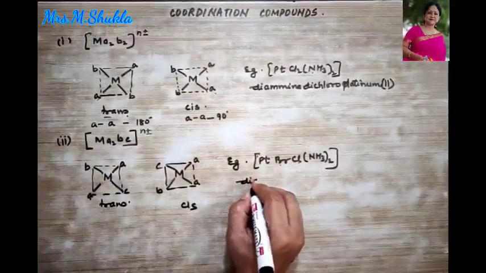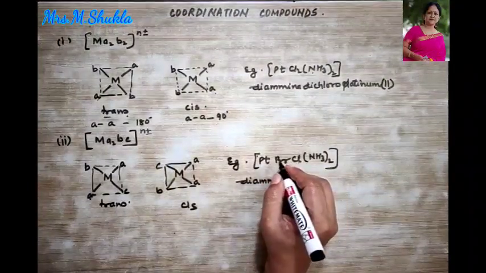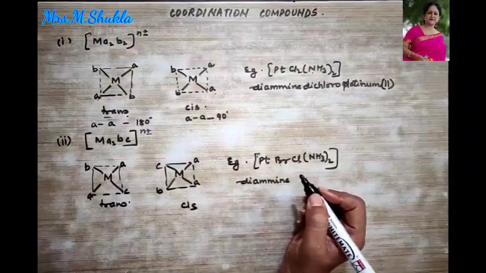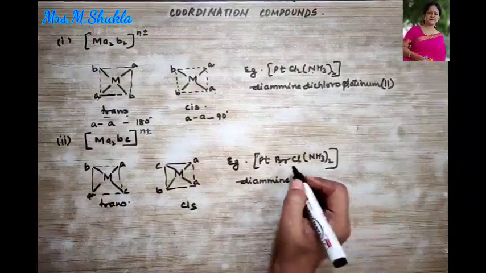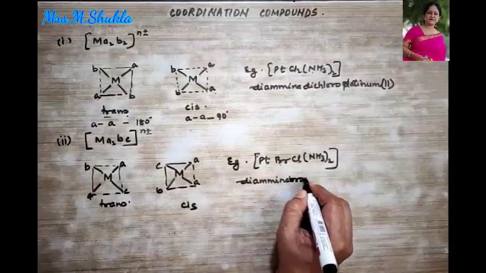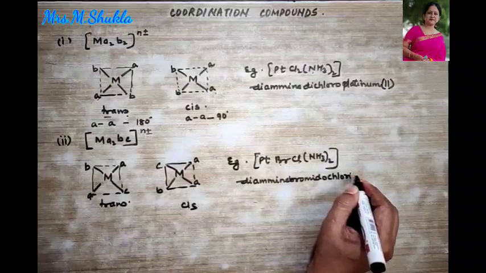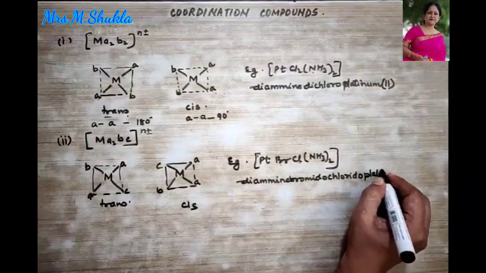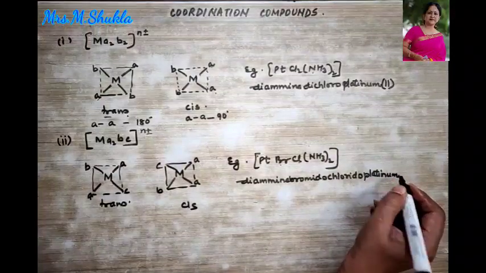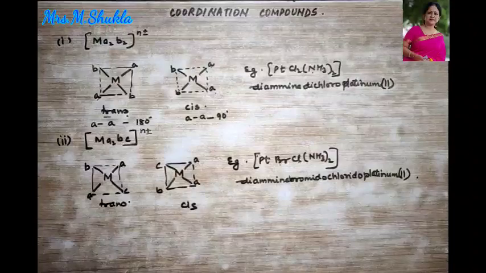This becomes diammine. Now chloro or bromo? It will be bromo first and then chloro. Okay, so diamminebromidochloridoplatinum(II).